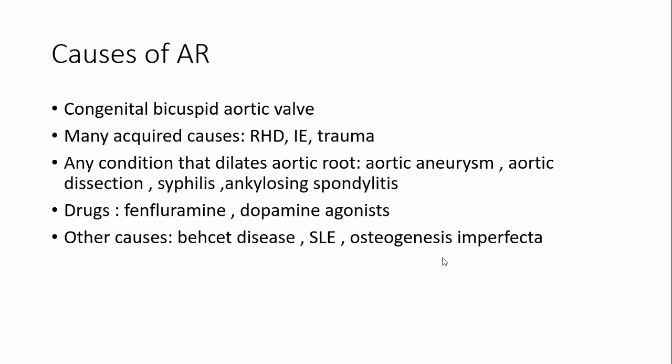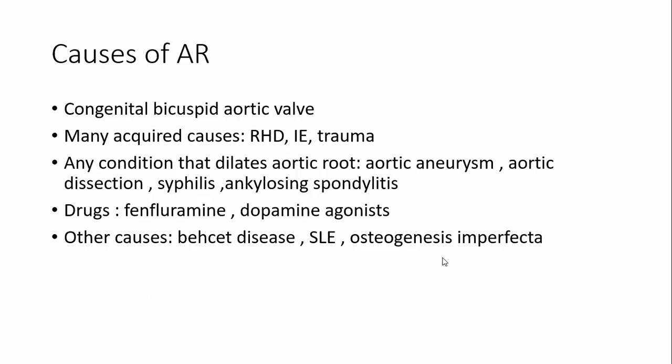Even trauma can cause aortic regurgitation, and basically any condition that dilates the aortic root can cause it. Those conditions are aortic aneurysm, aortic dissection, syphilis, ankylosing spondylitis, and even drugs can cause aortic regurgitation.